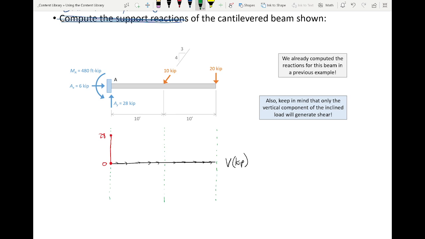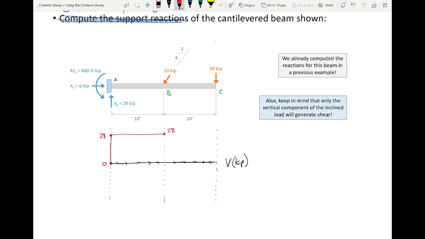We'll call this point B and call this point C. Between point A and B, what do I see?